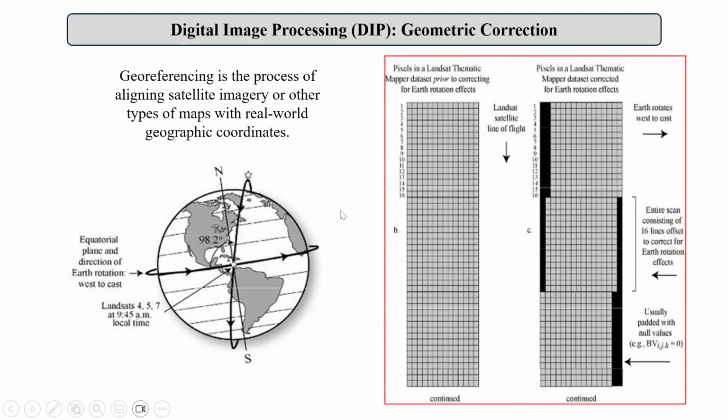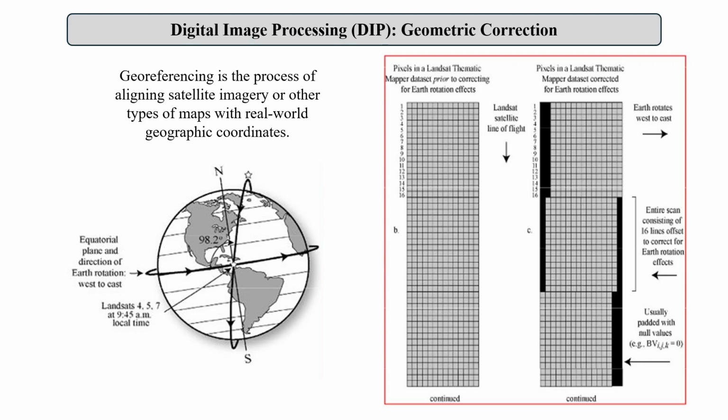So I'll tell you how to do geometric correction. Geometric correction is also known as georeferencing, and this is the process in which your satellite imagery or other types of maps are georeferenced or aligned with respect to real geographic coordinates. Sometimes the satellite is moving and the velocity might not be constant, so it can introduce some geometric errors.